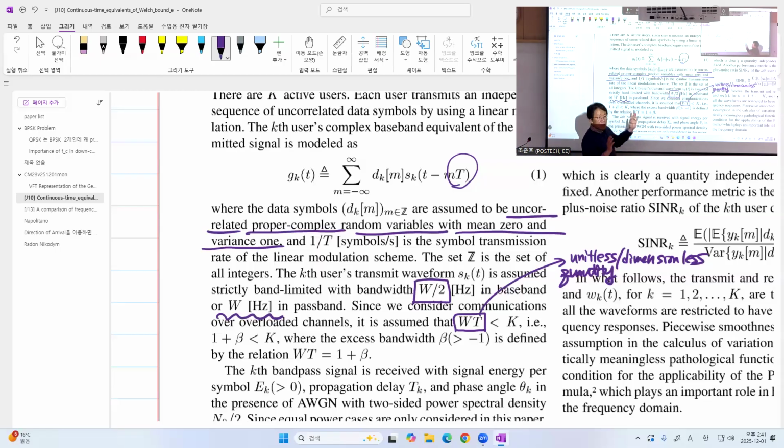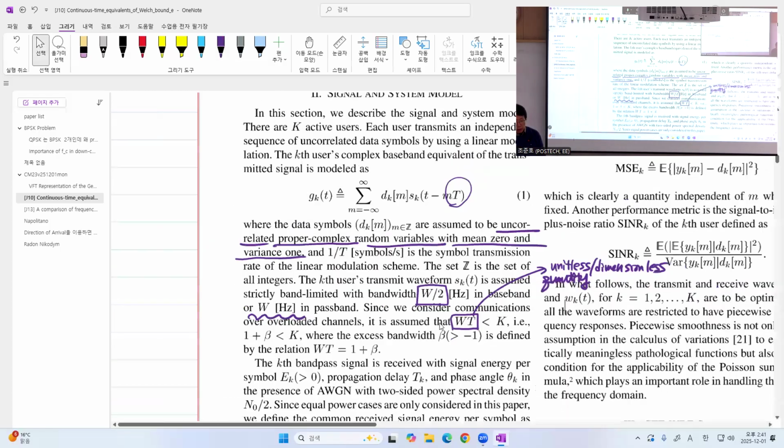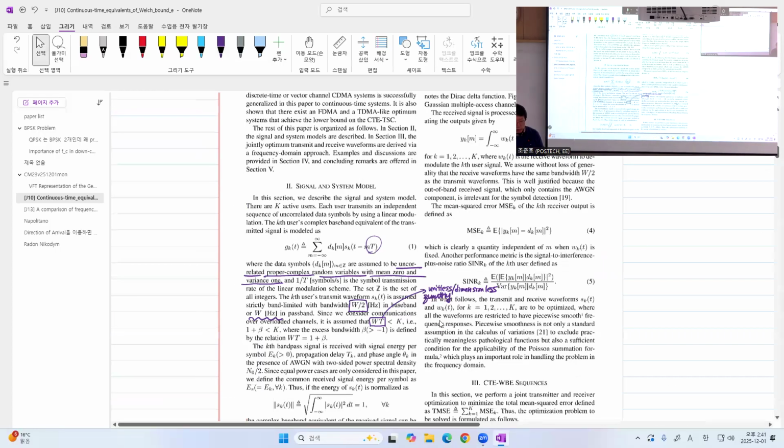So the simplest case is a single stream case where you have less than Nyquist minimum bandwidth. That is exactly faster than Nyquist transmission.